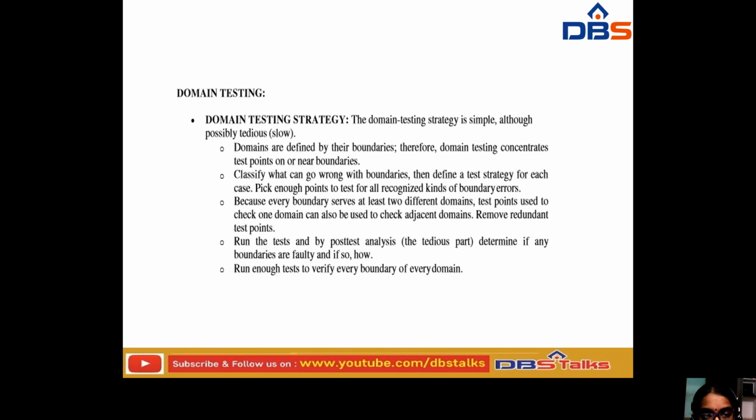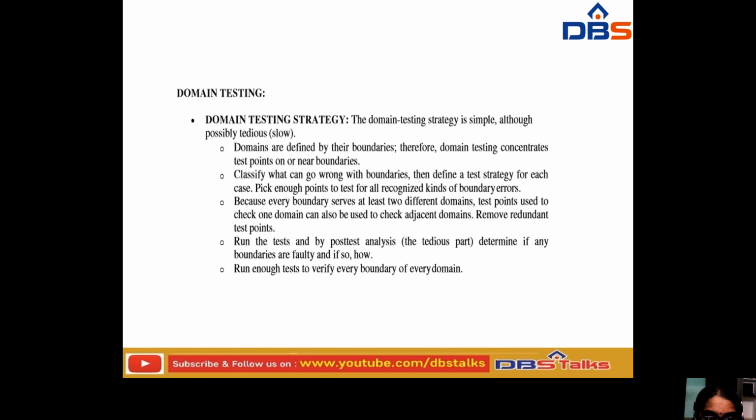So, before doing domain testing, this is the domain testing strategy. The strategy is simple, but possibly tedious. The domains are defined by their boundaries. Therefore, domain testing concentrates on test points near the boundaries. So we can classify what can go wrong with the boundaries, define the test strategy for each case, and pick enough points to test for all recognized kinds of boundary errors.